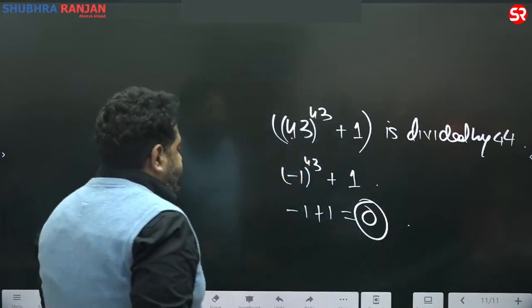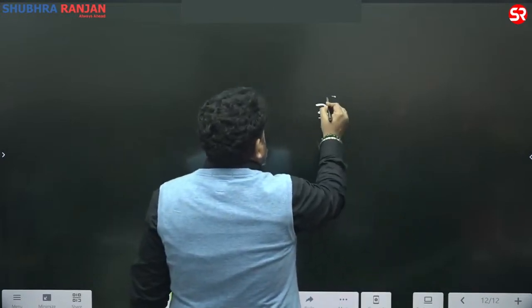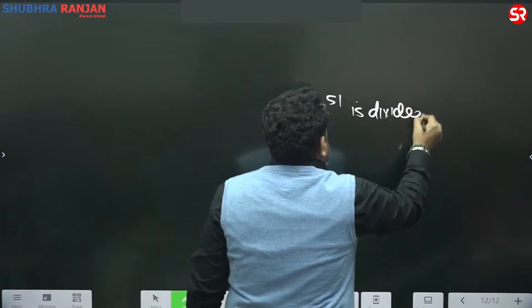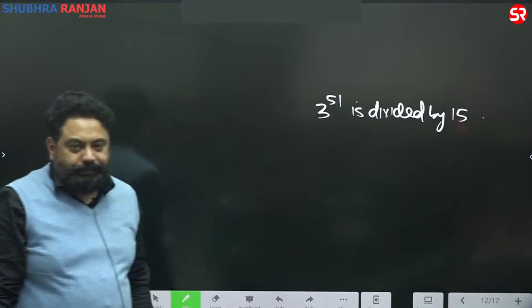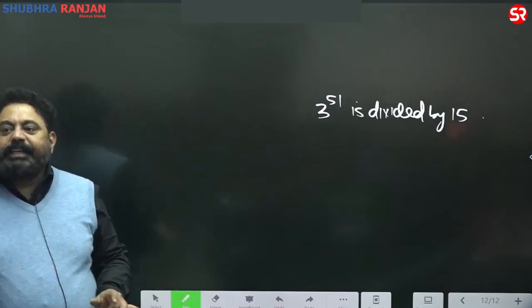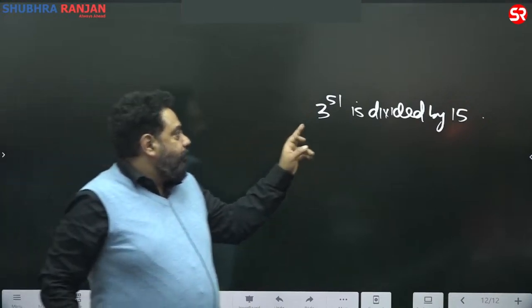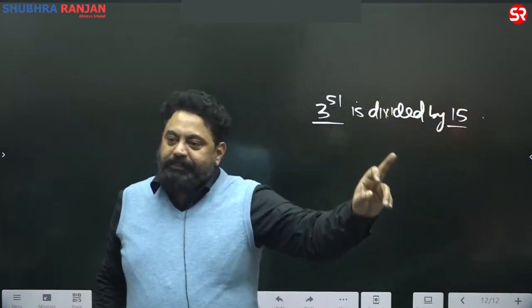Listen to me. 3 to the power 51 is divided by 15. Find remainder. Now, this is a classic case where you get a common factor between 3 to the power 51 and 15.